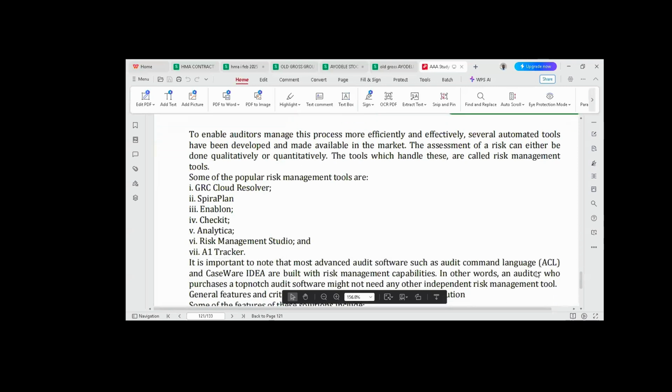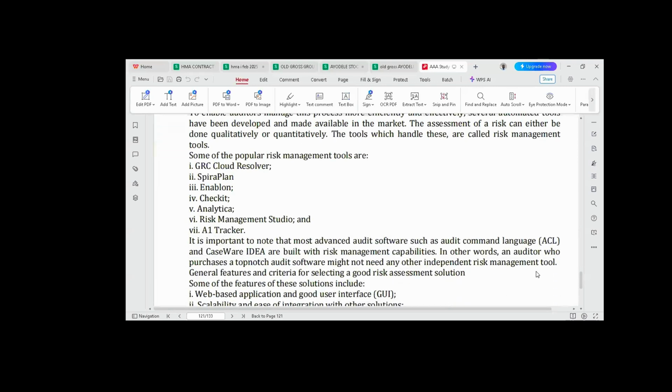More importantly, like I said, most of our audit software has been built with risk analysis technology or risk management capabilities. All you need to do is undergo training on how to utilize all of this to obtain a good report at the end of the audit engagement.